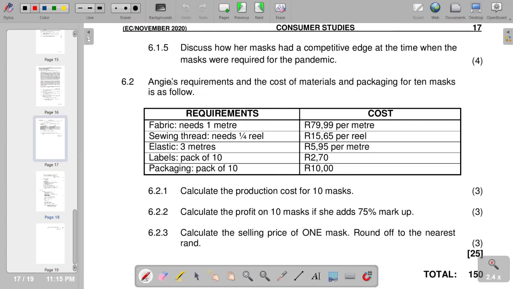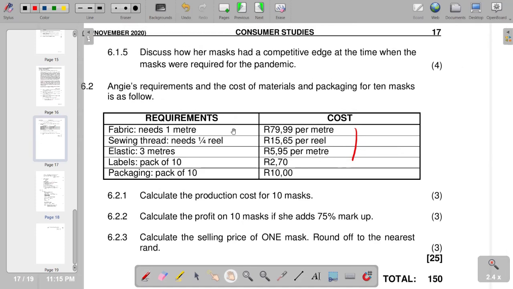Then 6.2, the requirements and the cost of material and packaging for 10 masks is as follows. So this is what we have. And then first we calculate the production cost for 10 masks. So of course, we can just calculate according to the information that we're given. On the first part, your fabric needs 1 meter, at 79 rands 99 cents per meter. So we are saying 79 rand 99 cents, and then of course we add sewing thread, which needs a quarter reel.